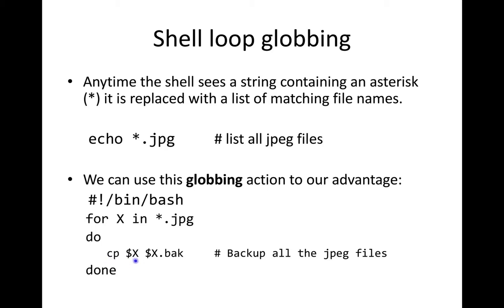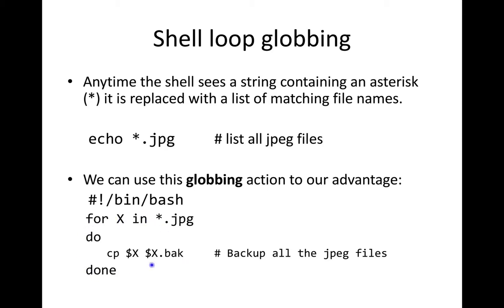Then in our loop block, we're going to copy the value that's in the variable X, which is going to be whichever file we're currently iterating over. We're going to copy that to the value of X.BAK. Essentially what this is going to do is copy every single JPEG file in our current working directory to another file that ends in the .BAK extension, essentially backing up all of our JPEG files.